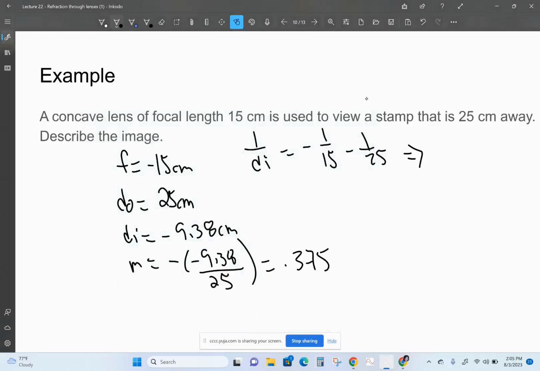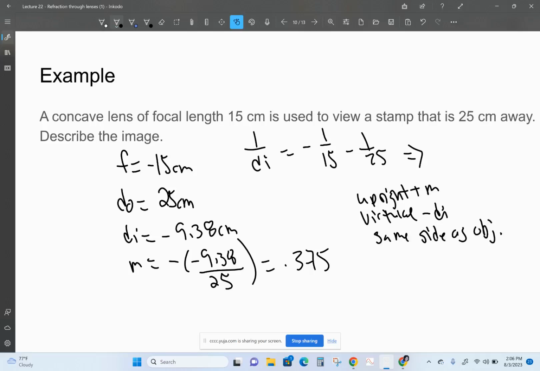So it's upright, it's virtual. It has a positive m, so it's upright. It's virtual because it's a negative di, and it forms on the same side as the object because of it being virtual.